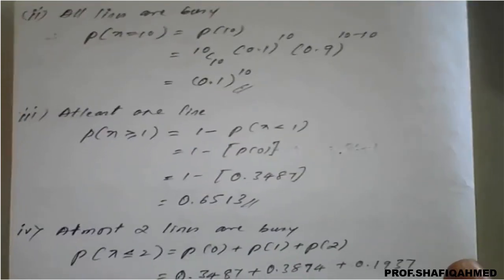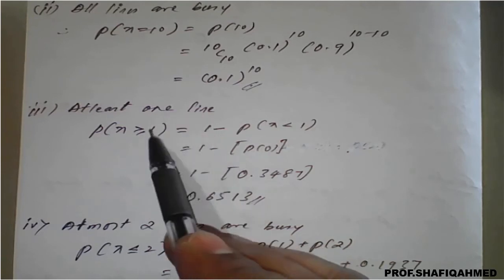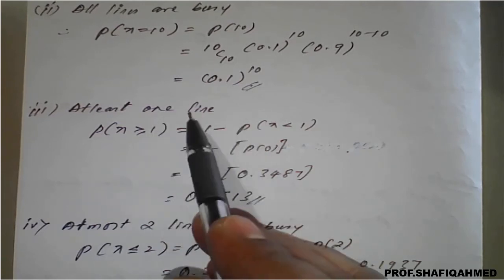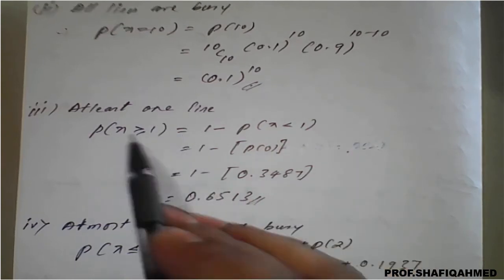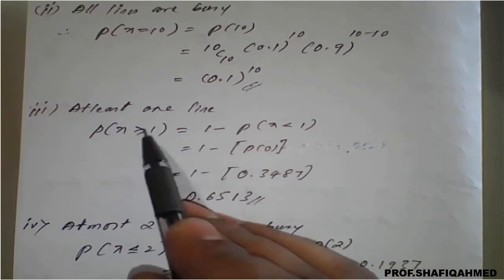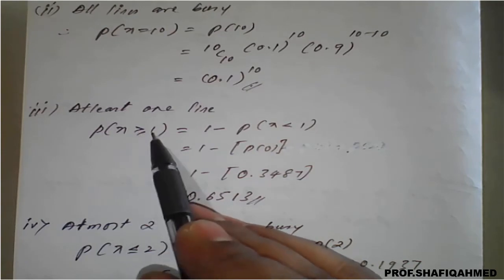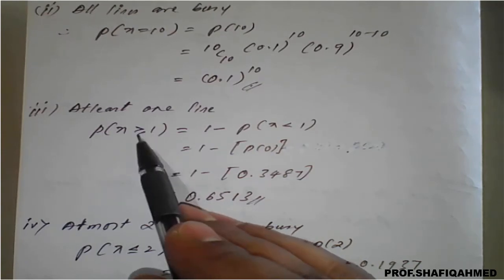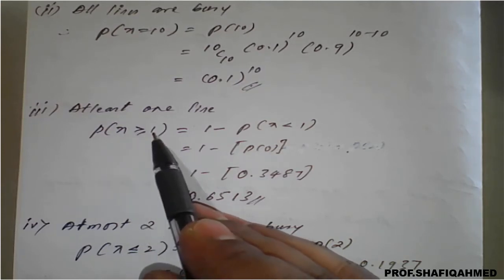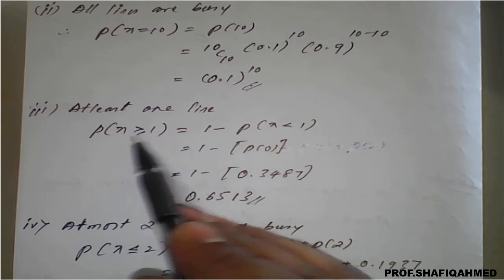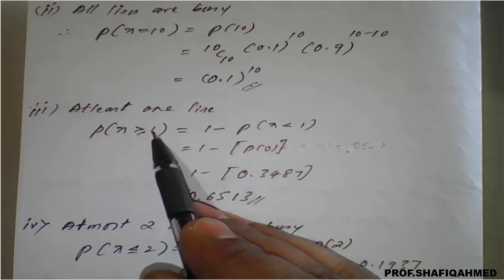Next, the third one, at least one line. At least one line means minimum one, maximum we don't know. We have 10 lines, so maximum it will go up to 10. So at least means P(x ≥ 1). Remember, at least means greater than or equal to, and at most means less than or equal to. This 1 is very near to 0 and very far from 10.